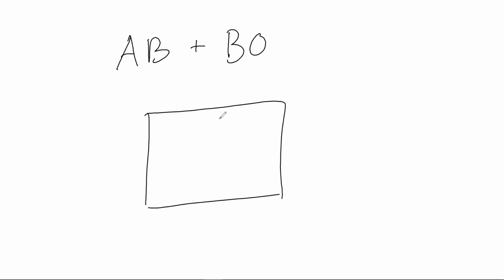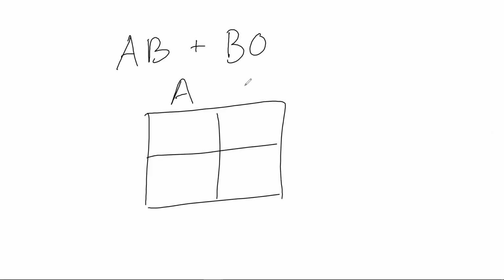So say, for instance, you have an AB blood type parent and BO, right? O is recessive to both A and B, but A and B are codominant. So to explain that, let's draw a square.